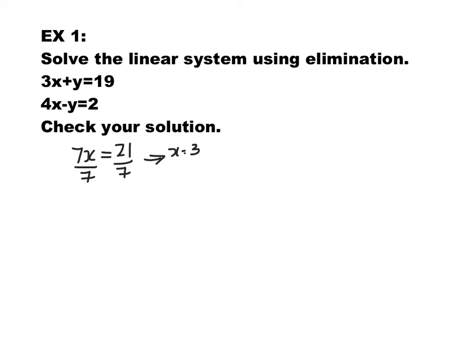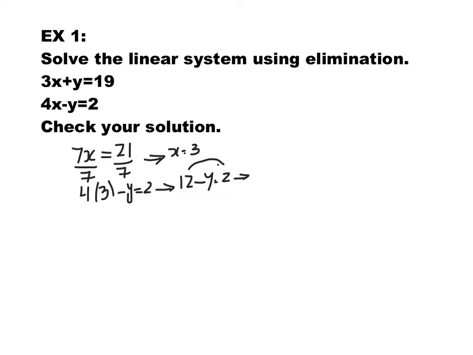To find the y value, I'm going to pick any one of these two equations, substitute x equal to 3 and find y. I'm going to pick the second equation because the coefficient of y is -1. So I'm going to get 4x, but x is 3, so 4 times 3 minus y is equal to 2. This gives me 4 times 3 is 12, minus y is equal to 2.